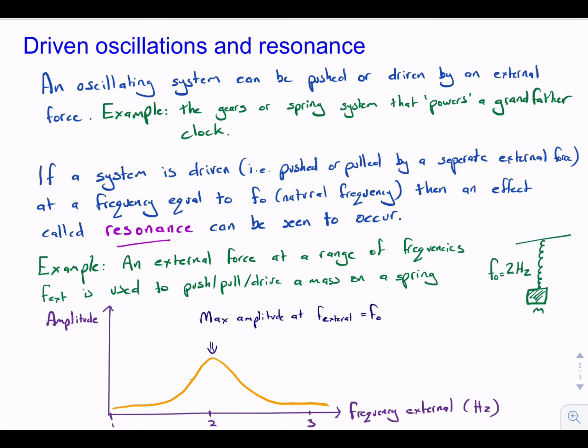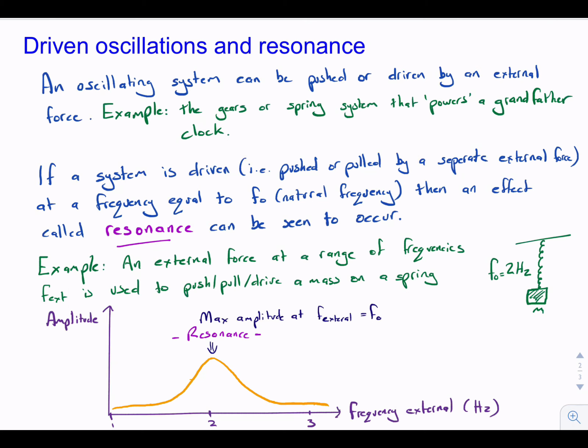At frequencies away from the natural frequency, there's not much response from the system, but as we get closer to 2 Hz, which is the natural frequency of the system, we can see that the amplitude increases. The maximum amplitude is seen as the frequency of the external force equals the natural frequency of the system, and this is defined as resonance.